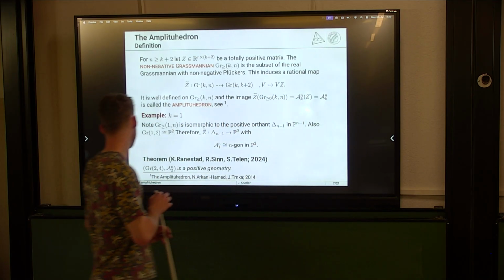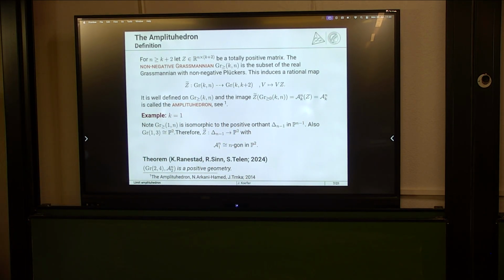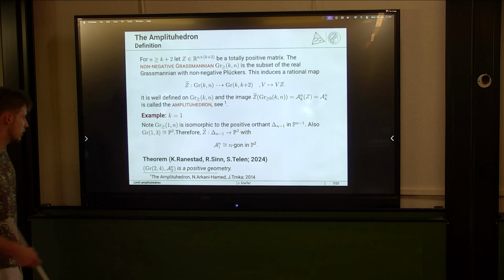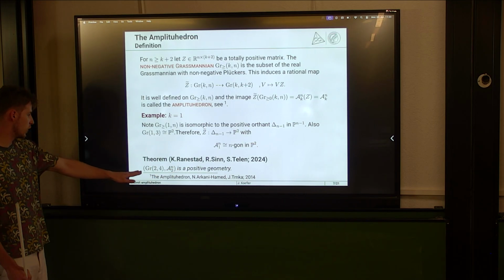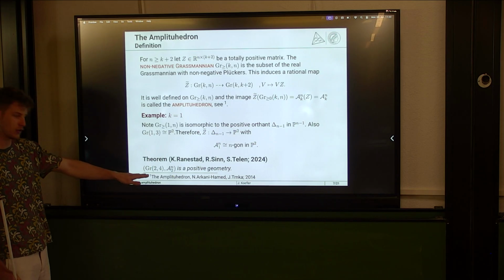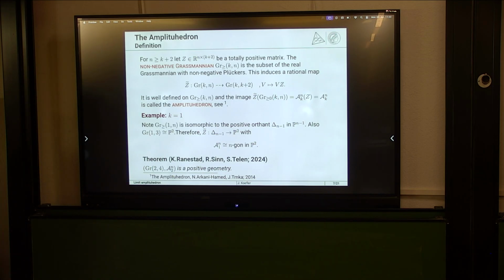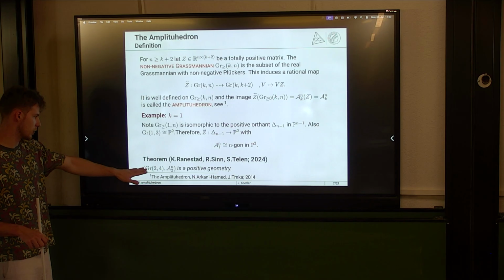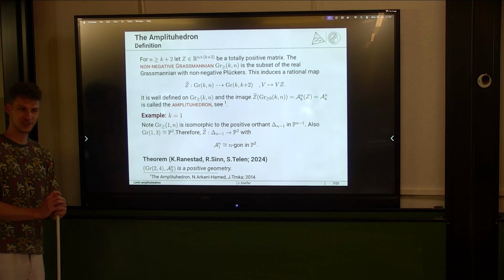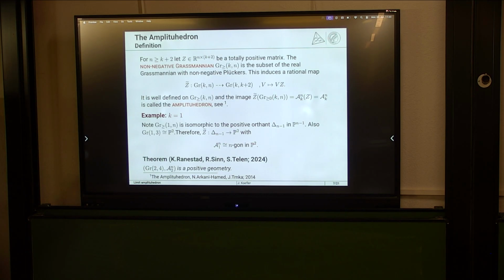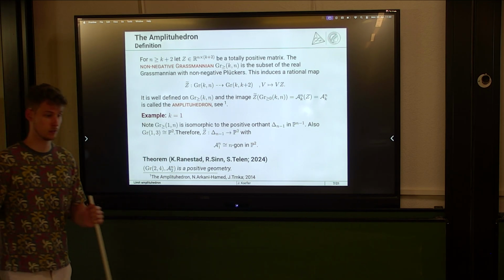And, well, I mentioned the following theorem by Christian Ranestad, Rainer Sinn, and Simon Telen from 2024, where they showed for the m equals 2, k equals 2 amplituhedron, I use related ideas, certainly the ideas of adjoint and residual arrangement, to prove that the amplituhedron is a positive geometry, which all of us believed at any rate. But this was really a starting point where this project took off, because in that paper they developed a notion that really helped us to understand what the master amplitude and limit amplitude should be.